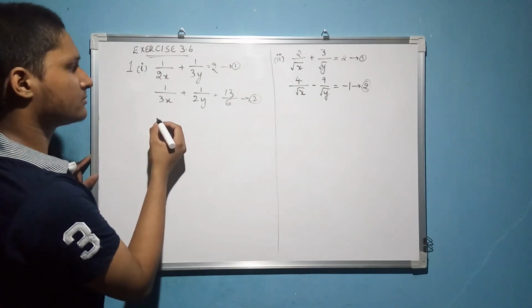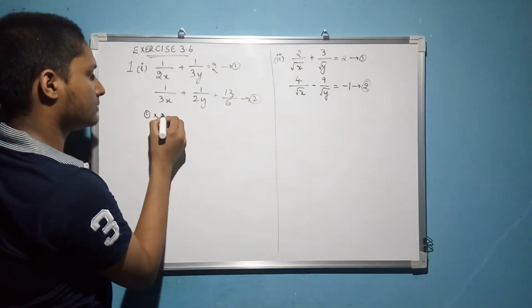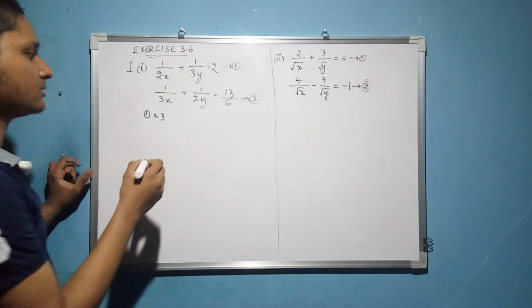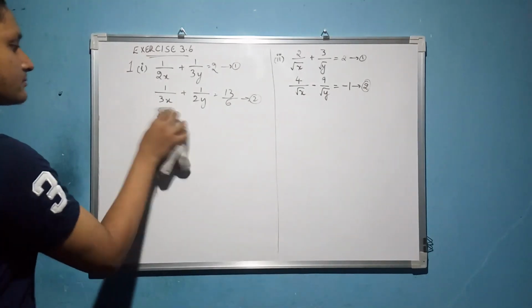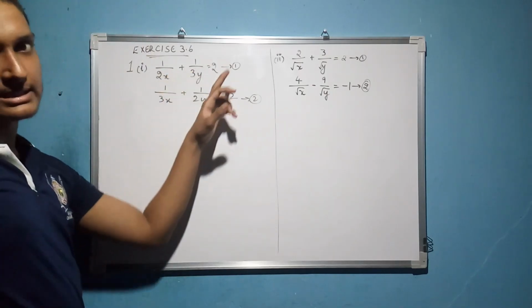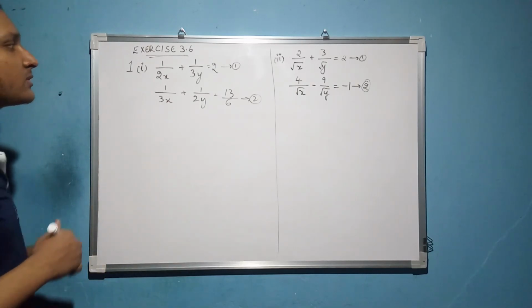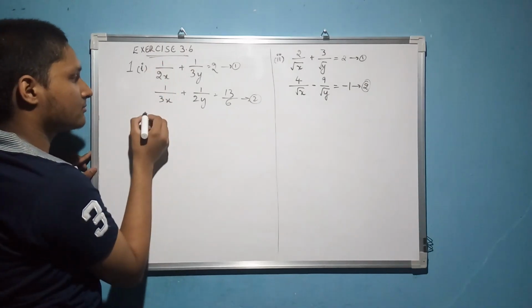So you will use the elimination method. So it is going to be 1 into 3. No, not 1 into 3. Since we have different denominators, better multiply by 6 everywhere. If I multiply 6 everywhere, I'll get 2 here and 3 here.